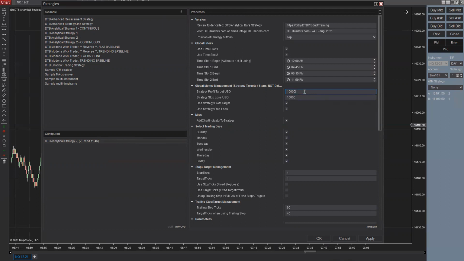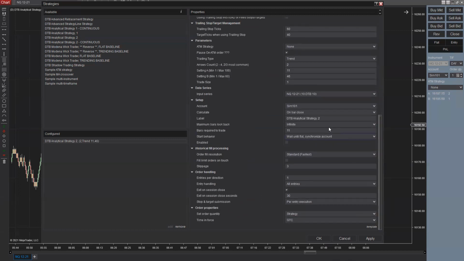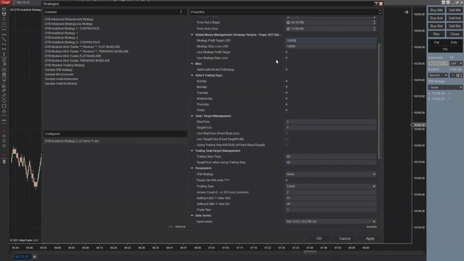So if you want to test this out, you can run it on playback, put in a value there, and you'll notice that the strategy just continually trades from day one or from day to day, and it will only exit once those values are hit. So that's a little bit different to the other strategies where it's got a daily profit target. So naturally, you could still select a value in over here that you can make it your daily target, or you can make it a value that will hit during the day.